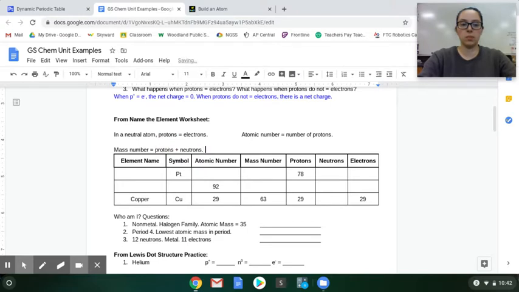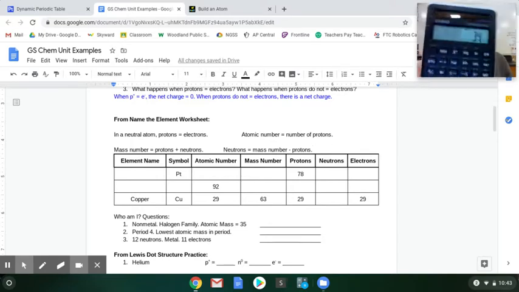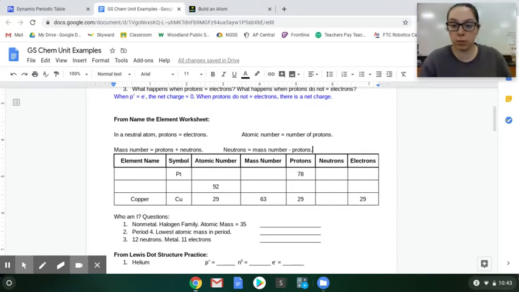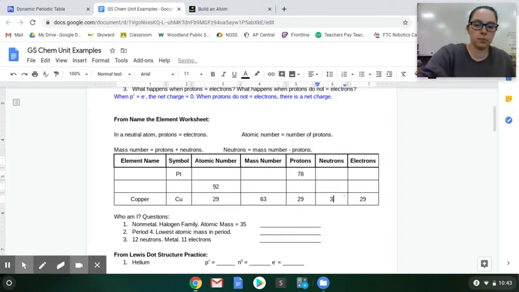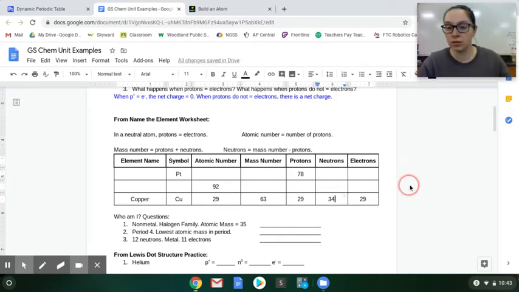So I'm going to manipulate this equation just a little bit, and we're going to get neutrons are equal to the mass number minus protons. So in my calculator, I'm going to do 63 minus 29, 34. That's my number of neutrons. And my entire row is filled out, done.